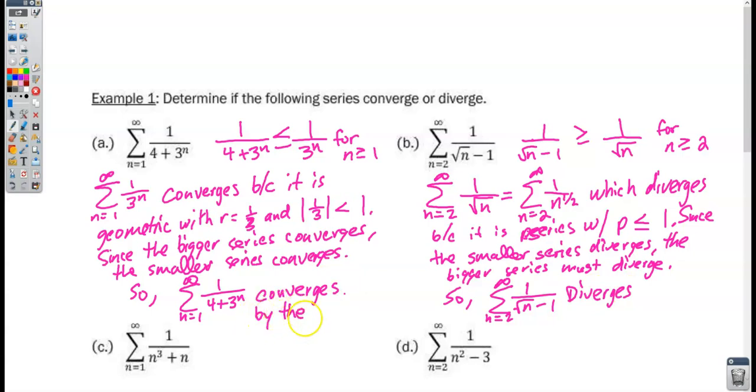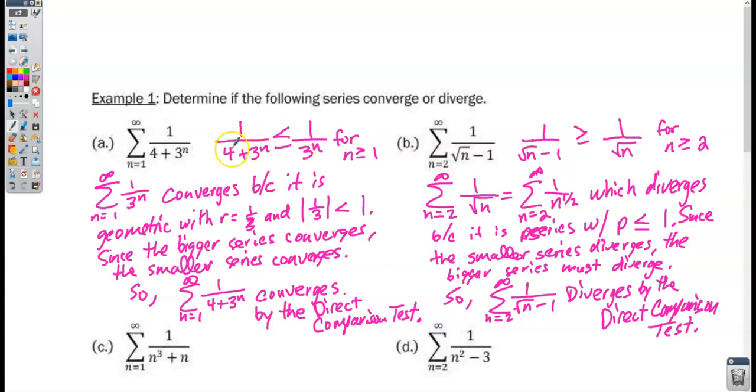By the direct comparison test. I should restate what I'm using here. It would also be good to check the conditions: I do know that both of these series are positive for all n greater than or equal to wherever the series starts.